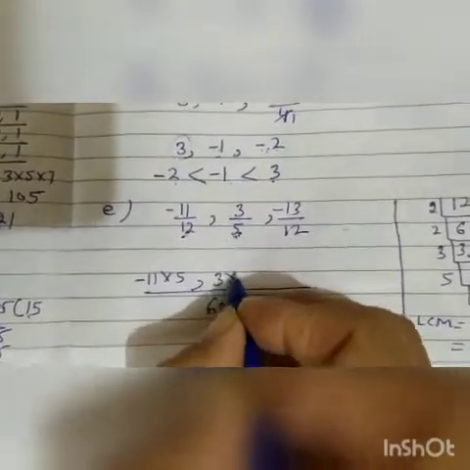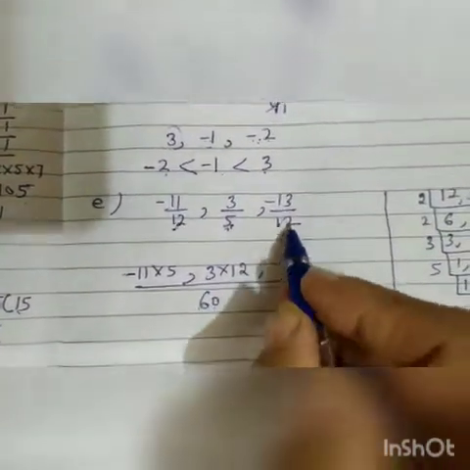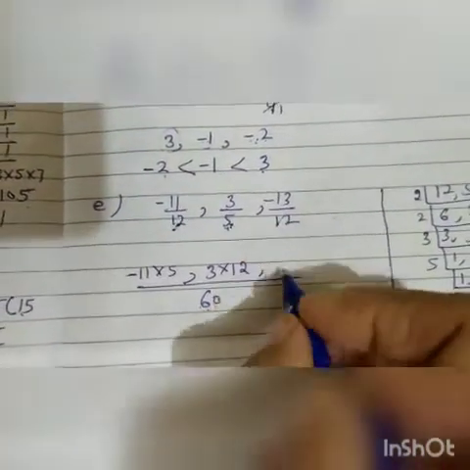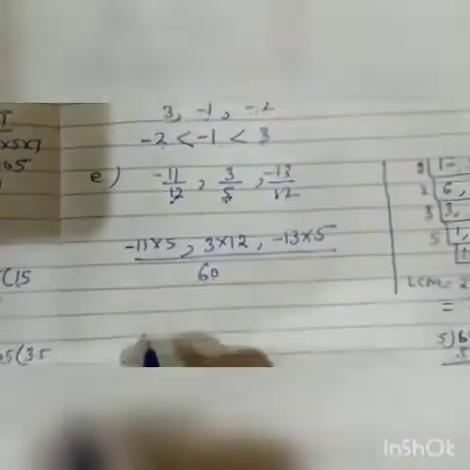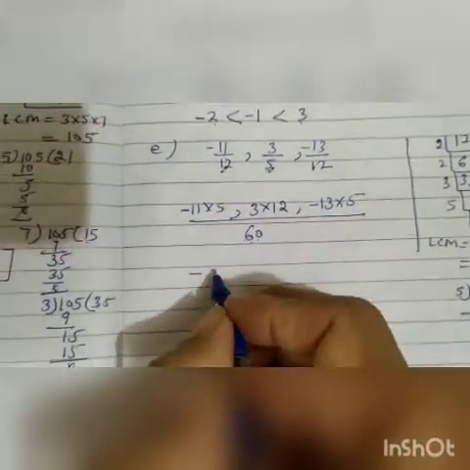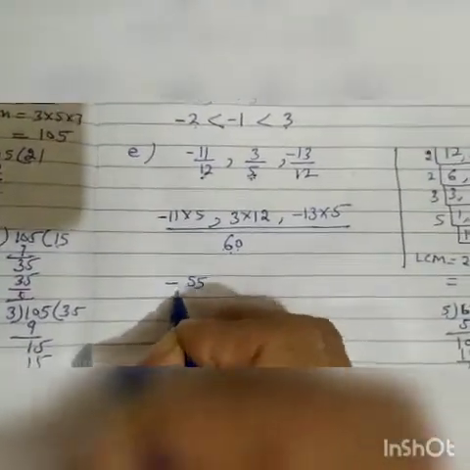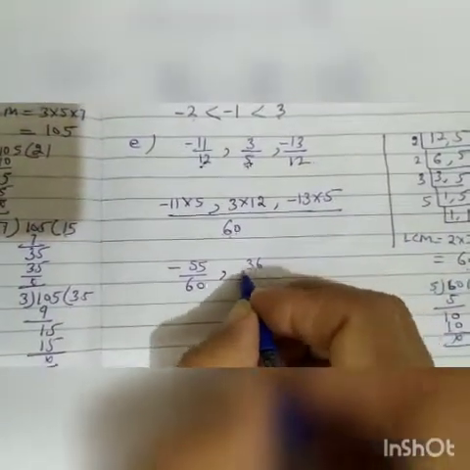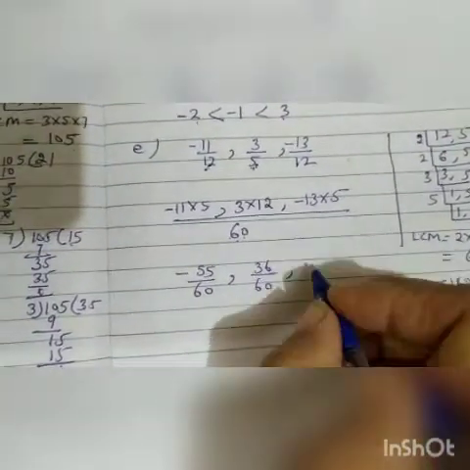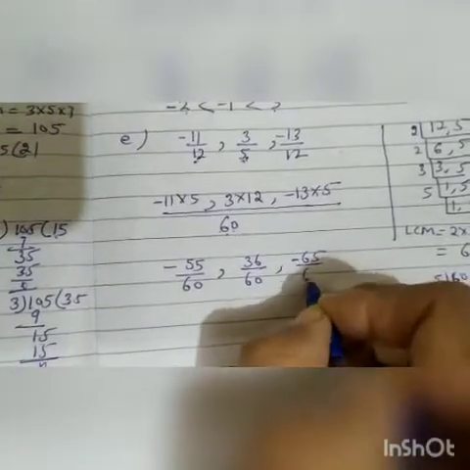We get 12. So this 3 multiplied by 12. Again 12 5 ja 60 means minus 13 multiplied by 5. 11 5 ja 55. We will write here minus 55 upon 60. Then 12 3 ja 36 upon 60. Then 13 5 ja 65 upon 60.